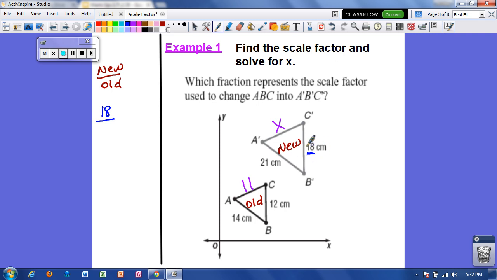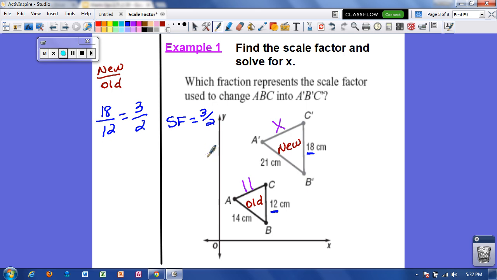So if 18 is on side CB, then when I go back to the old triangle, I have to go to side CB, and I have to select 12. So my new over old would be 18 over 12, and we know that reduces to 3 over 2. So I have a scale factor of 3 over 2, and I'm going to put SF for scale factor.